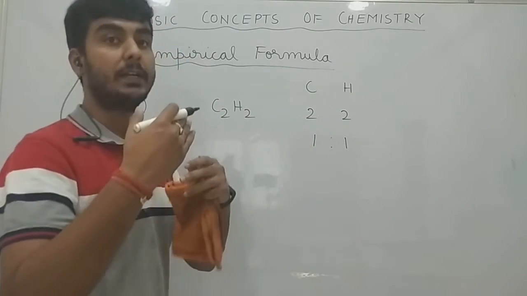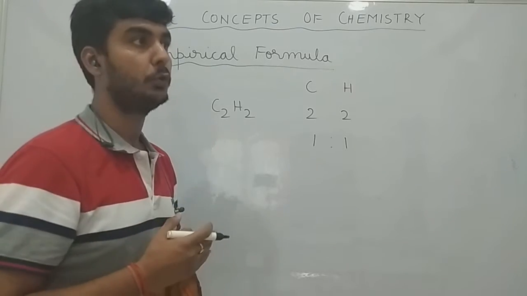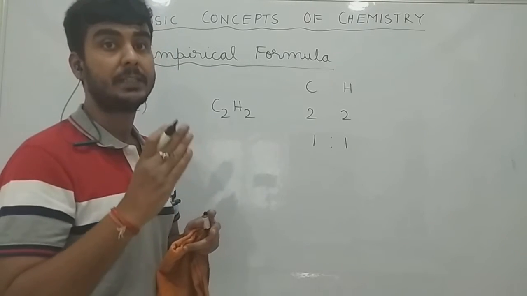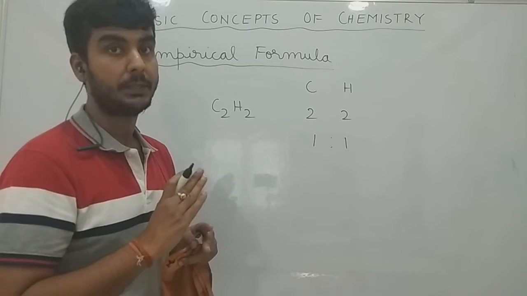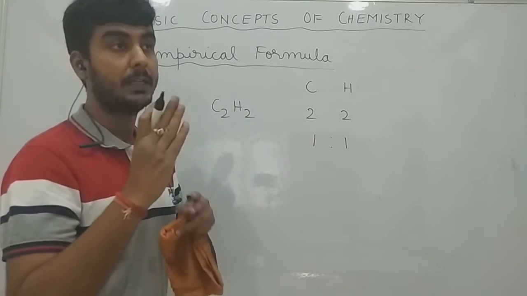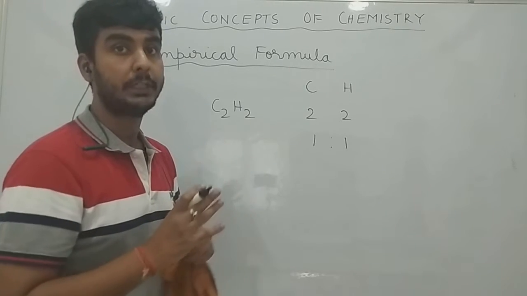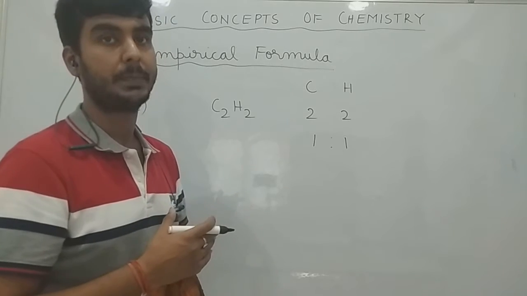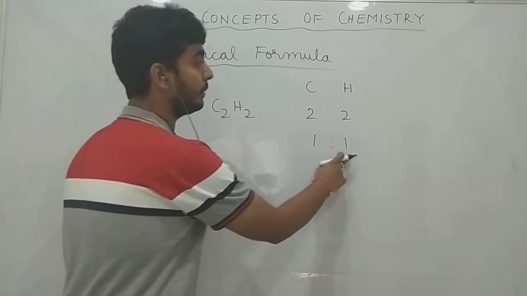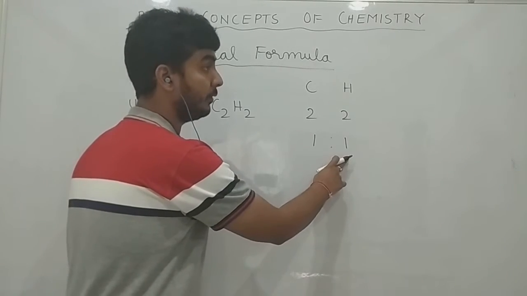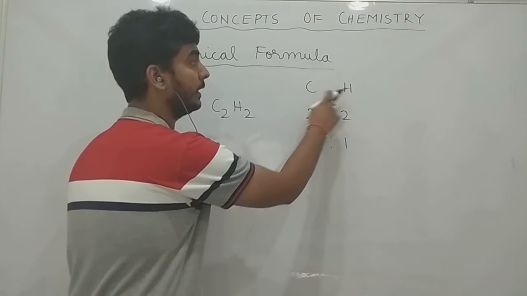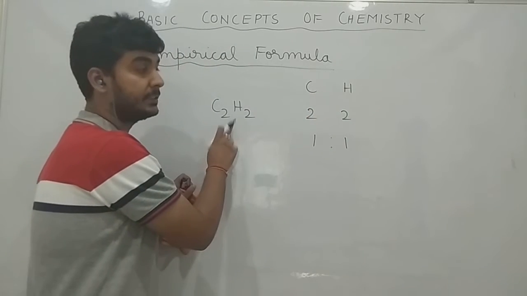So when we write a formula which represents the simplest whole number ratio between the atoms of the elements present in one molecule of the substance, that is known as empirical formula. So this is the simplest whole number ratio between atoms of what? Carbon and hydrogen present in this substance.